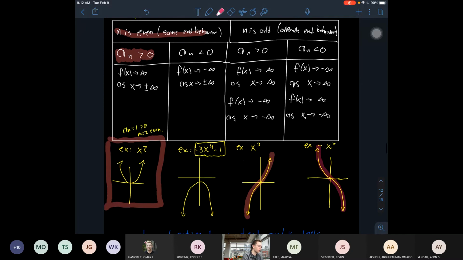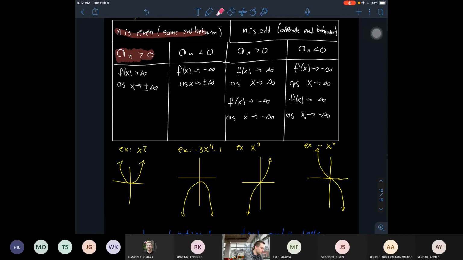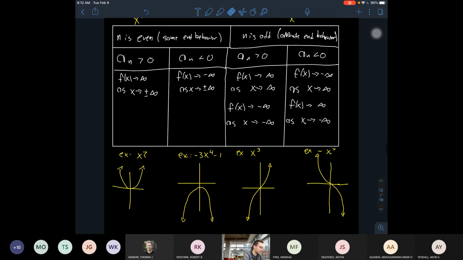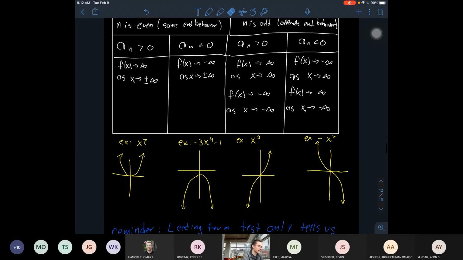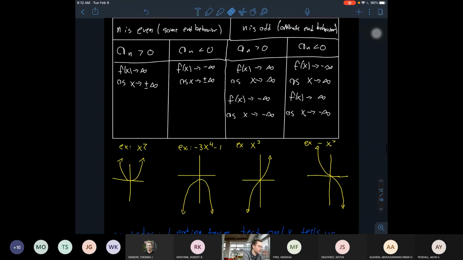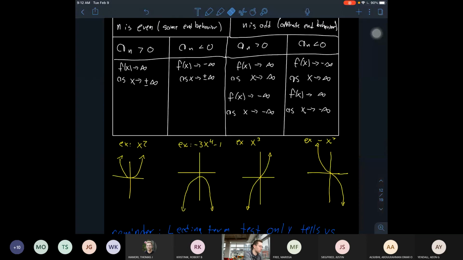So this table is just like your comprehensive key, so that if you start with a polynomial, you can go through this table and get where you're trying to get. First you'd establish whether n is even or odd, then whether a_n is positive or negative, and then you get the result.